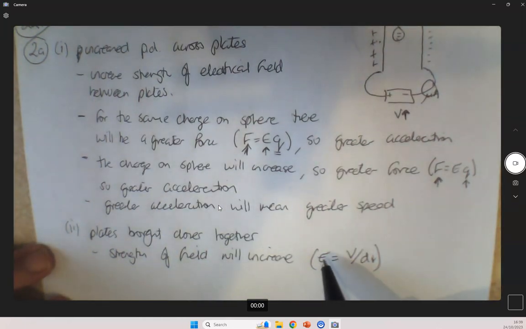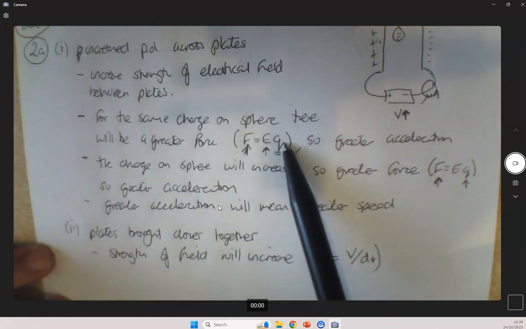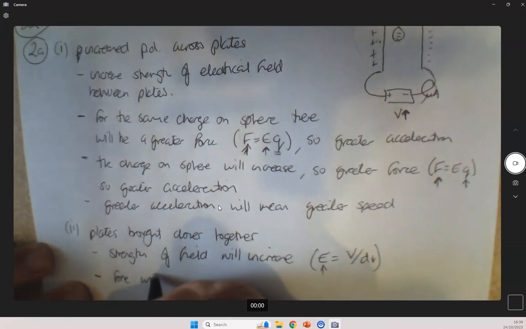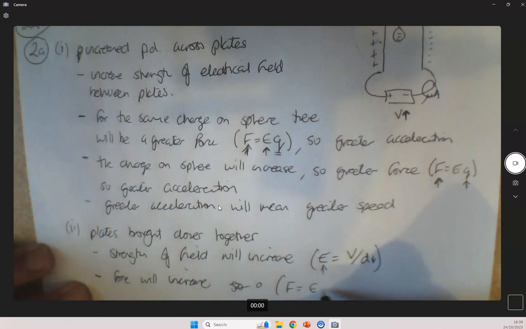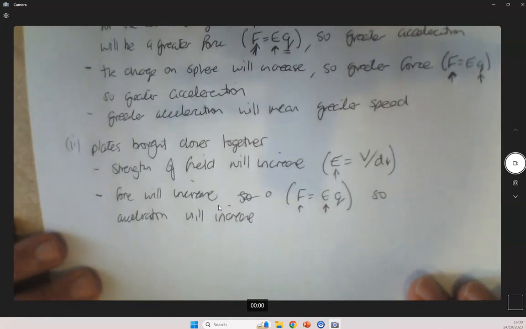Now if I've increased the electrical field strength, you can see that again the force is going to increase, because F is equal to EQ. We've increased E, therefore we've increased F. So force will increase, so acceleration will increase.